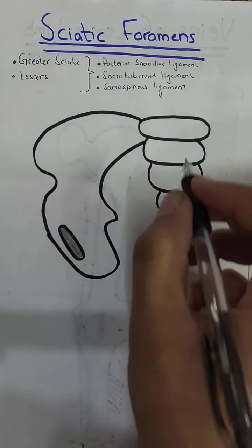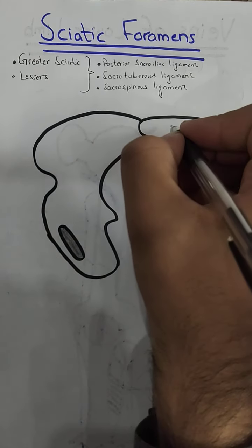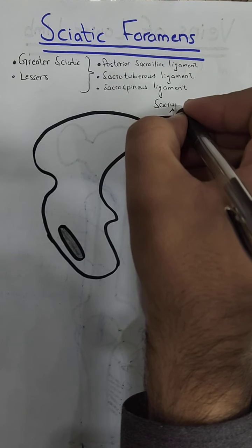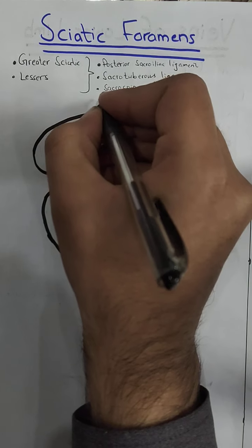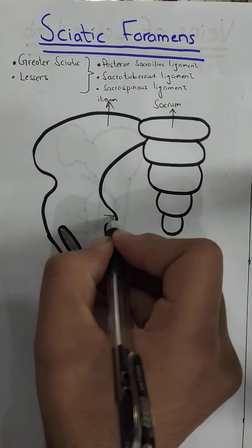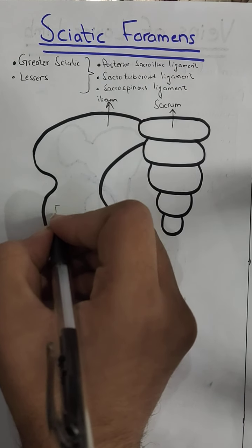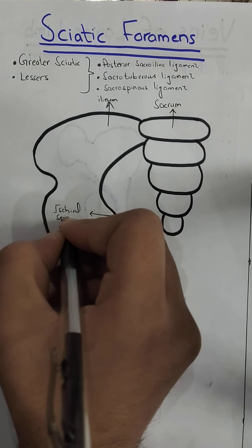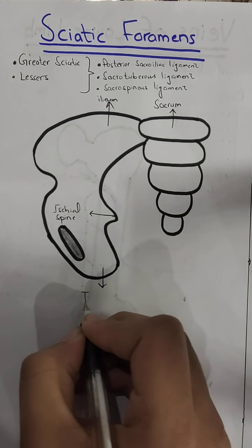So first of all, we will draw these foramens here. You must know about this diagram. So this is the sacrum, the vertebrae, and this is the hip bone. This part will be the ilium, and this part will be the ischial spine, and this is actually the ischium, and this will be the ischial tuberosity.